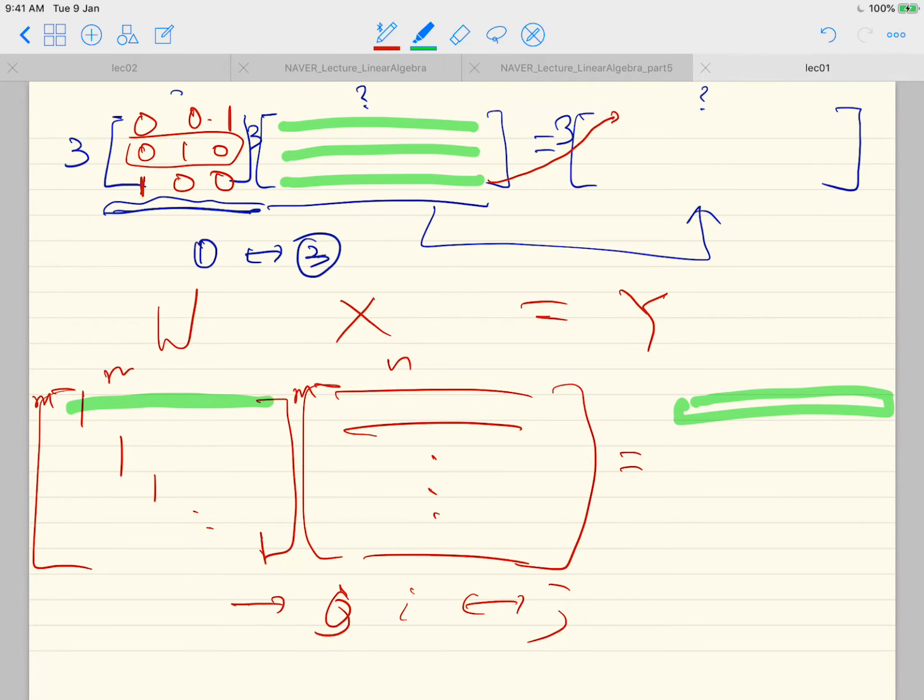Once we want to change the i-th and j-th rows, instead of using dot dot dot, I'm just going to think of a 5 by 5 matrix, and maybe rows 2 and 5 interchange.